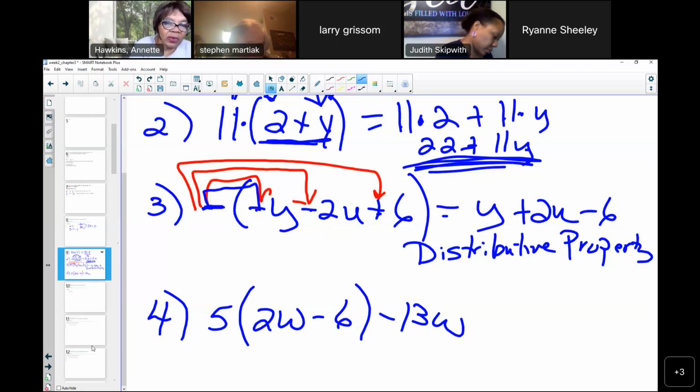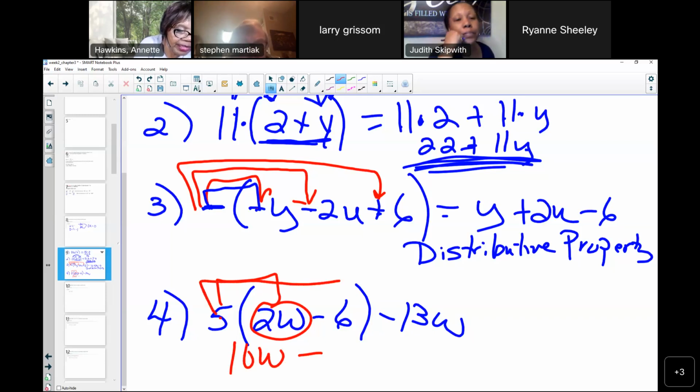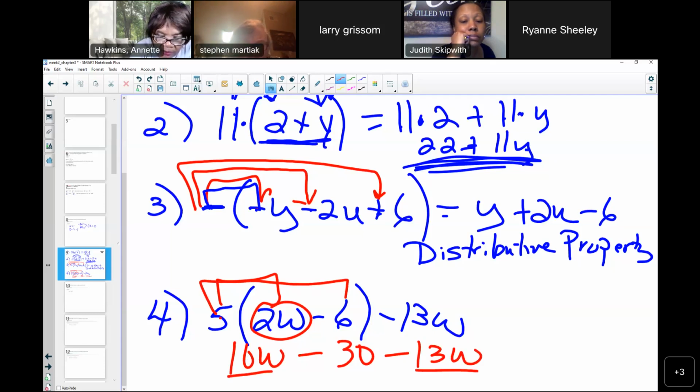Okay, so let's see what we have. We have 5 times this, 5 times 2w is 10w, minus 5 times 6, which is 30, minus 13w. All right, and so this and this would be like terms. Okay, now, if you put these together, you need to bring the sign with it, okay?